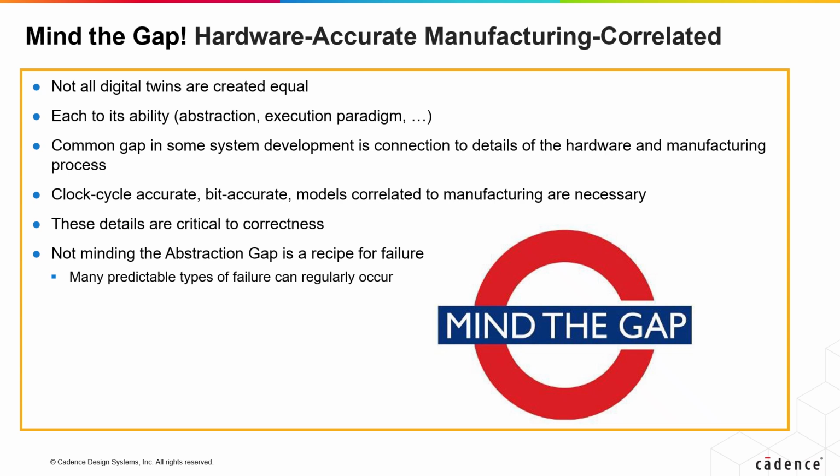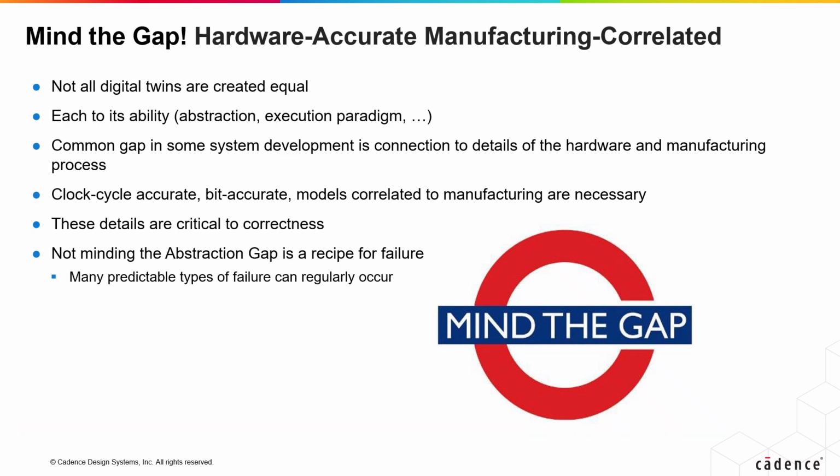So, what does this mean for your system development? It means that you need to prioritize the creation of digital twins that accurately reflect the physical system, including its hardware and manufacturing details. By doing so, you can ensure that your digital twin is a reliable and trustworthy representation of the physical system, and that you can avoid the pitfalls of predictable failure.